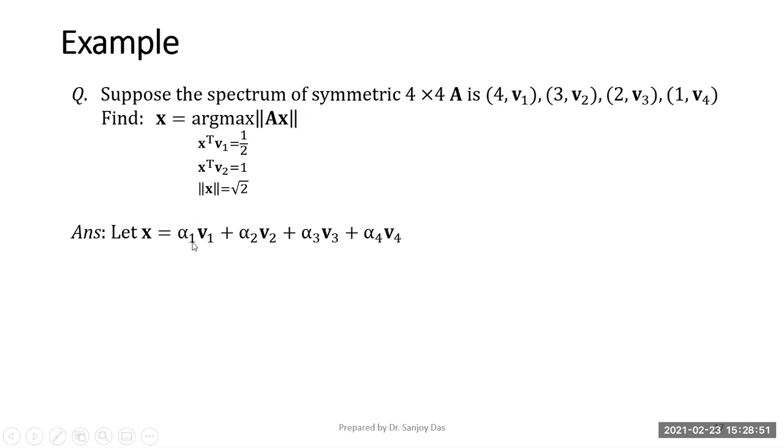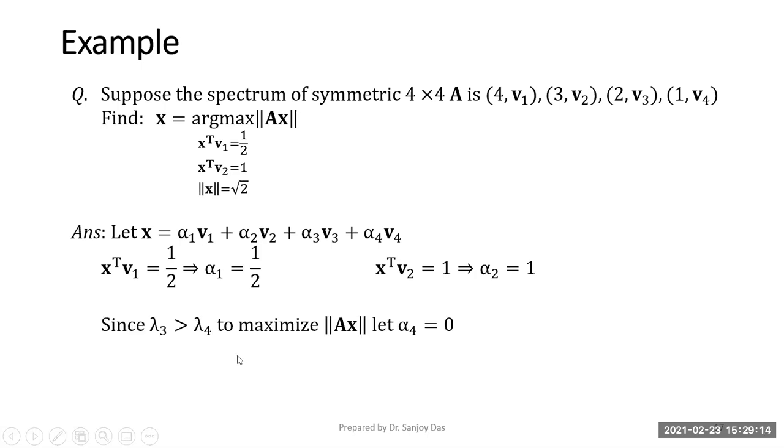Alpha 1. So alpha 1 equals half. X transpose V2 is alpha 2, so alpha 2 equals 1. And the length of X is square root of 2.